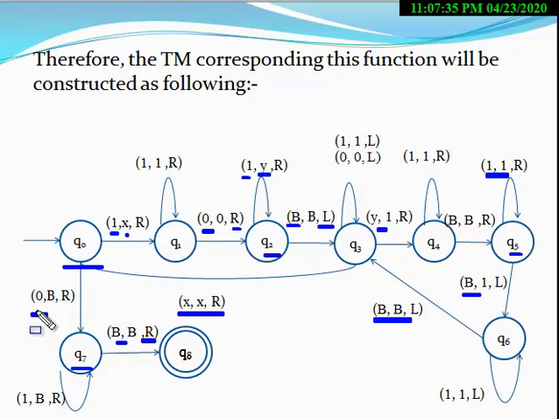After terminating, the number of ones will be equal to the number of ones in the first argument times the number of ones in the second argument. Therefore this machine is a complete machine corresponding to the given function, that is, the multiplication of 2 numbers.